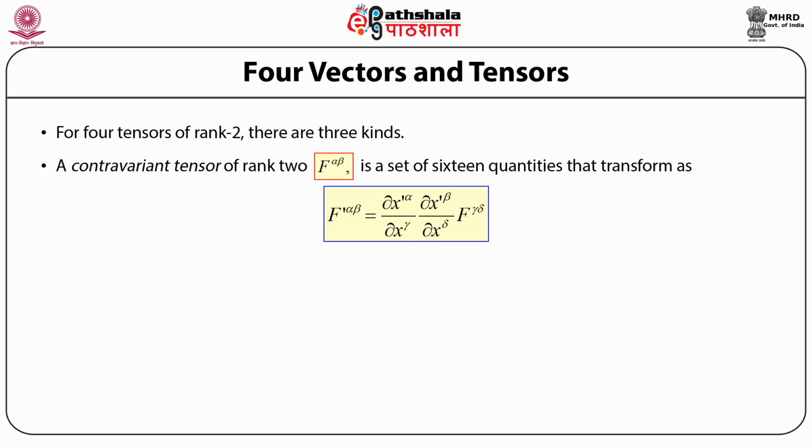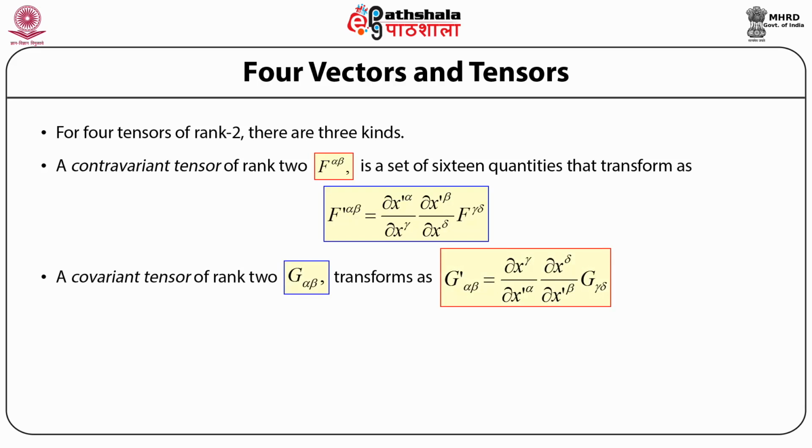The other 4 tensor of rank 2 that can be defined is the covariant tensor of rank 2 given by g subscript alpha beta, which transforms as g prime subscript alpha beta is equal to partial derivative of x superscript gamma with respect to x prime superscript alpha, whole times partial derivative of x superscript delta with respect to x prime superscript beta, whole times g subscript gamma delta.